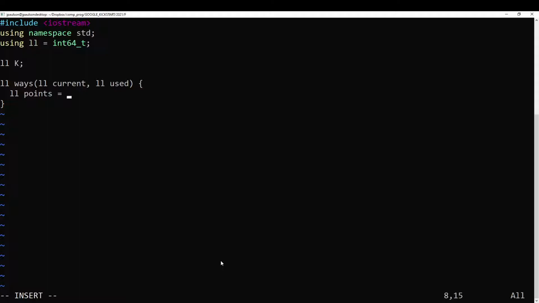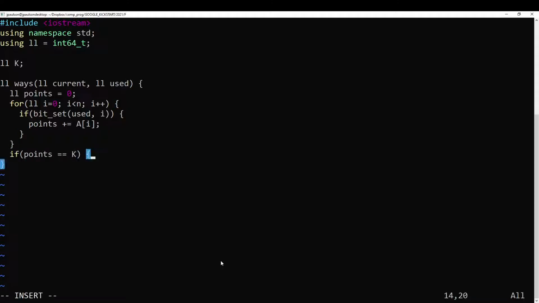Globals just to make it easier. If we're at k, we can't do anything, the only way to win is to do nothing.